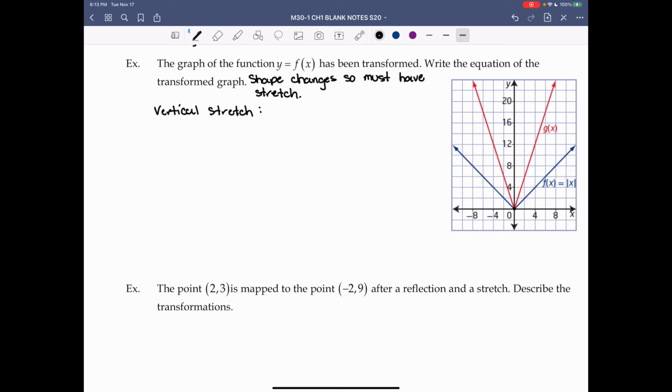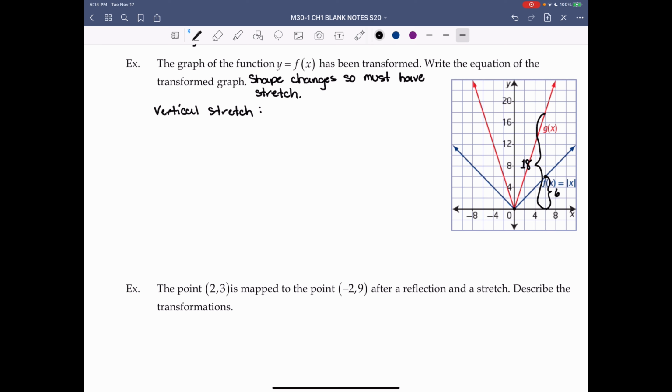I'm going to pick a point on each graph where the x value is the same. So if I look at x equals 6, then this point here is y equals 6, so that's 6 units from the x-axis, and the point on g of x that has an x value of 6 is 18 units away from the x-axis.